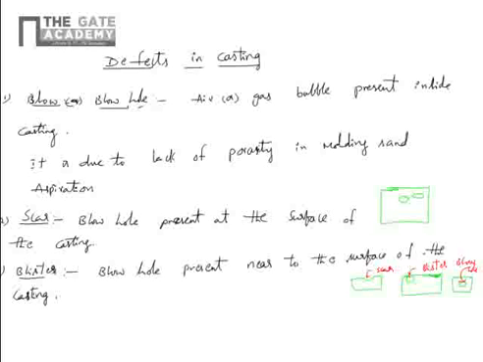If you look at the diagram, the blister defect is a blowhole near the surface, so if you do a machining operation, it will be converted into a scab.